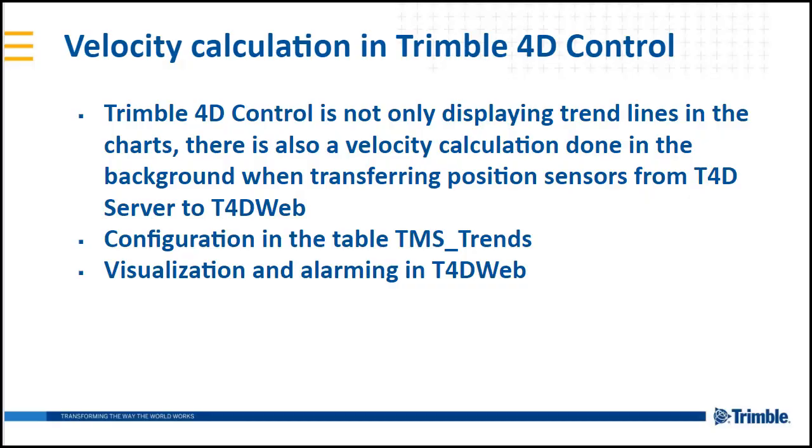Trimble 4D Control is not only displaying trend lines in the charts, there's also a velocity calculation done in the background when transferring position sensors from T4D Server to T4D Web. The configuration is done in the table TMS trends and the visualization and alarming in T4D Web.